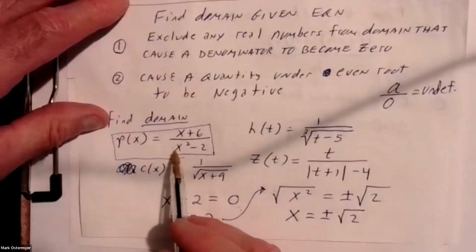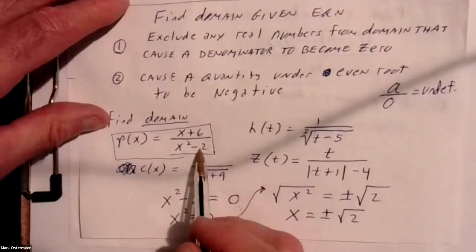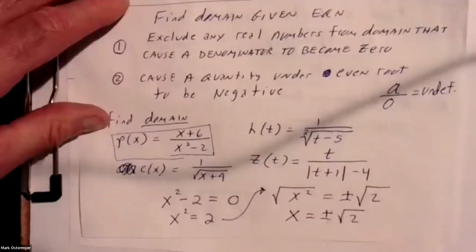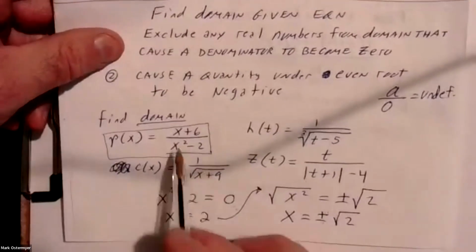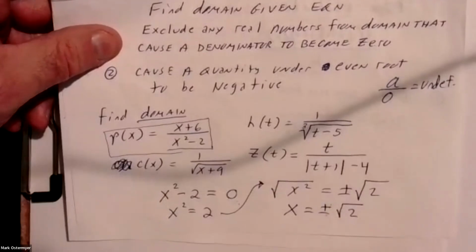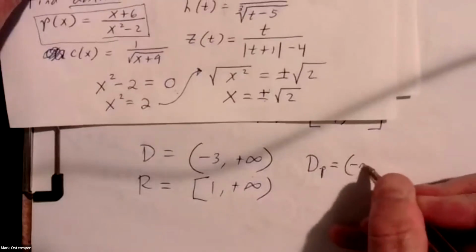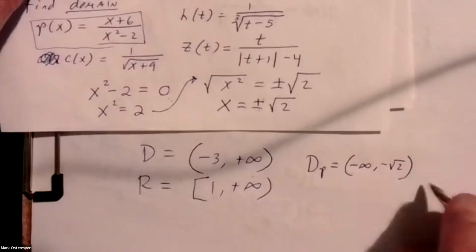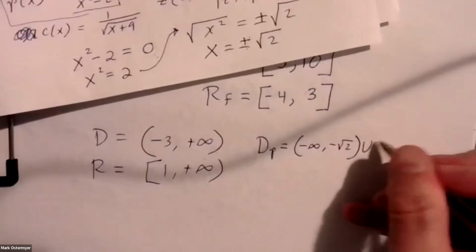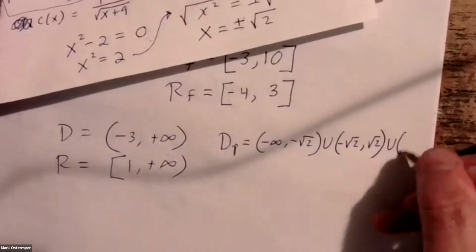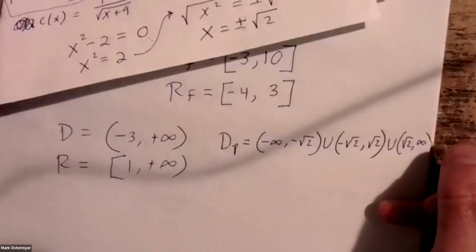And so therefore, ladies and gentlemen, the domain of this function p of x must be any real number except positive or negative square root of 2. It cannot be positive or negative square root of 2. So how do we use interval notation to represent all real numbers except positive or negative square root of 2? Well, to do that, we would say the domain of function p would be from negative infinity up to negative square root of 2, but not including the negative square root of 2, in union with not including negative square root of 2, up to positive square root of 2, but not including positive square root of 2, in union with not including positive square root of 2 to positive infinity.